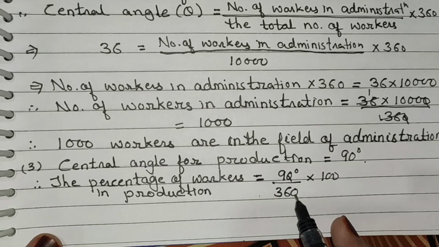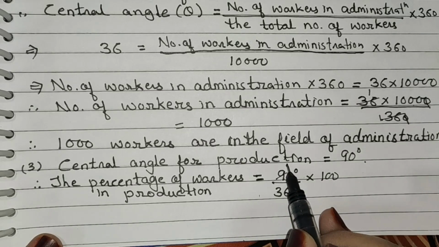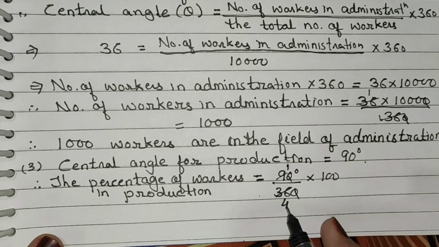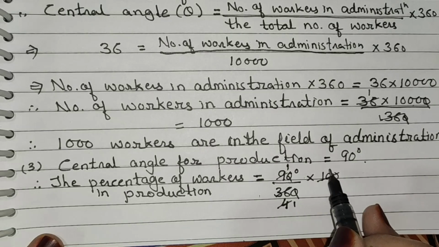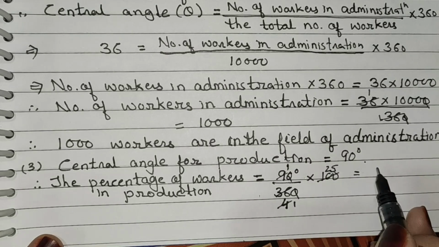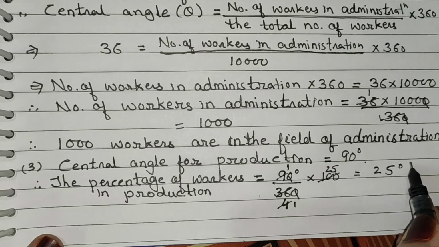Now cancel it. 0 0 cancel. 9 ones are 9, 4 ones are 4, 4 twos are 8, 4 fives are 20. Now we get here 25%.